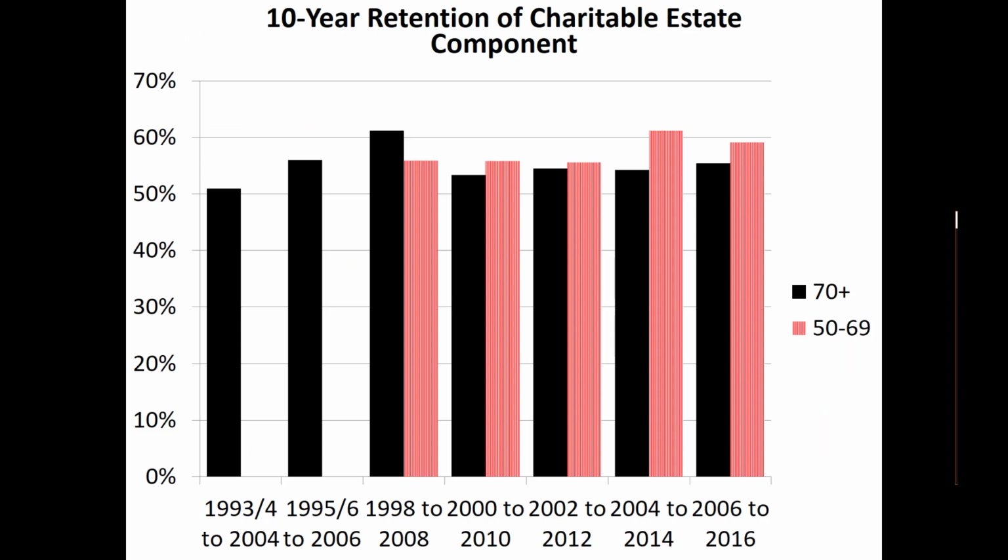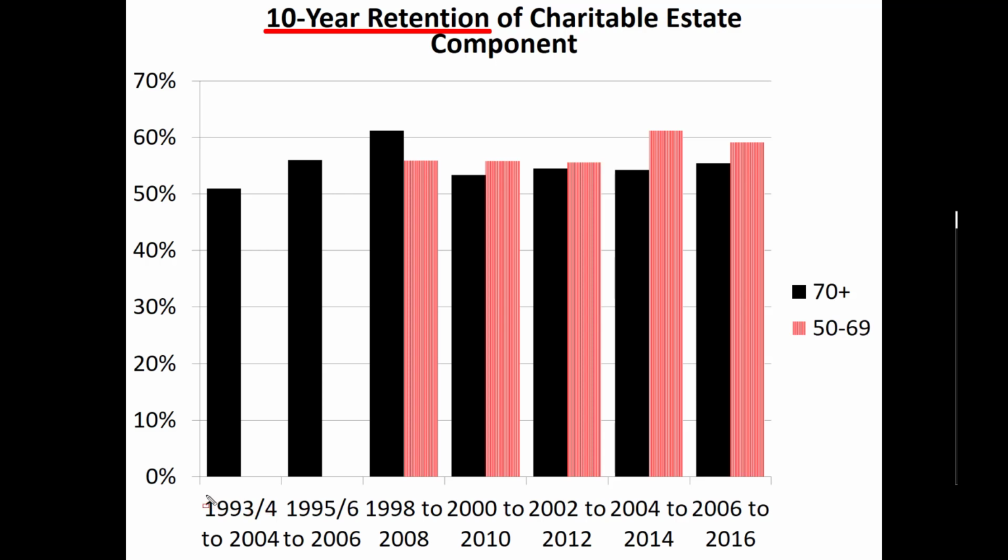So this is showing the 10-year retention of a charitable estate component, or technically of any charitable estate component, using the nationally representative study, the Health and Retirement Study, that is a lifetime study, tracks people for their entire lifetime every 2 years. And so what we're looking at here for the different age groups is, let's start with this one.